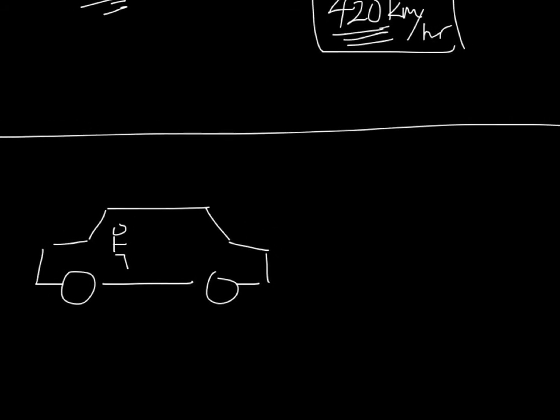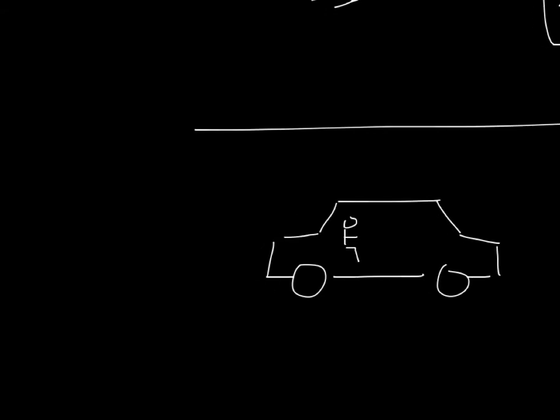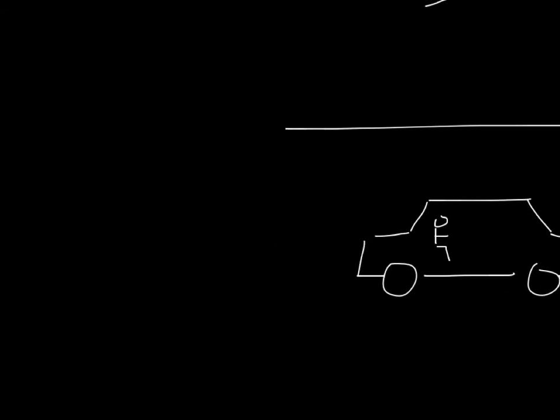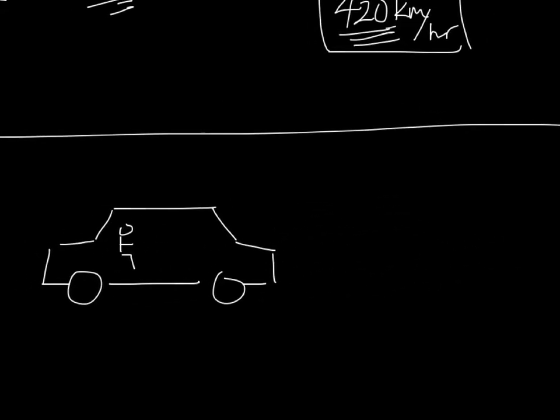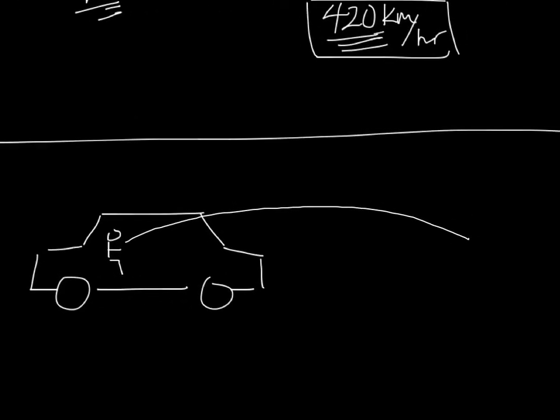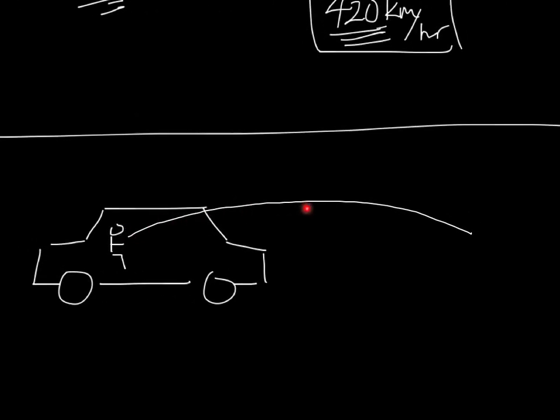To a person standing on the side of the road, the car is doing this, right? Which means that the ball will appear to take this path as the car moves. So the ball's going to look like this to the person who is standing on the side of the road.